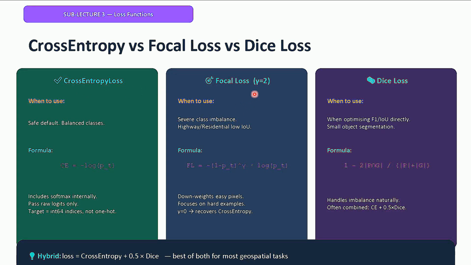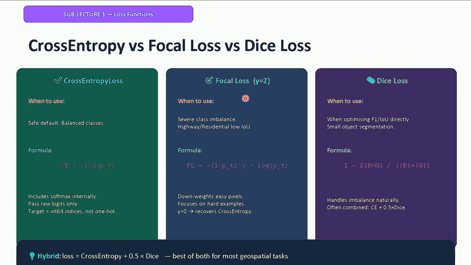Second, focal loss. Originally designed for object detection, but works beautifully for segmentation. The key idea, it downweights easy examples and focuses training on hard, misclassified pixels. Imagine a pixel where the model is very confident it is forest.